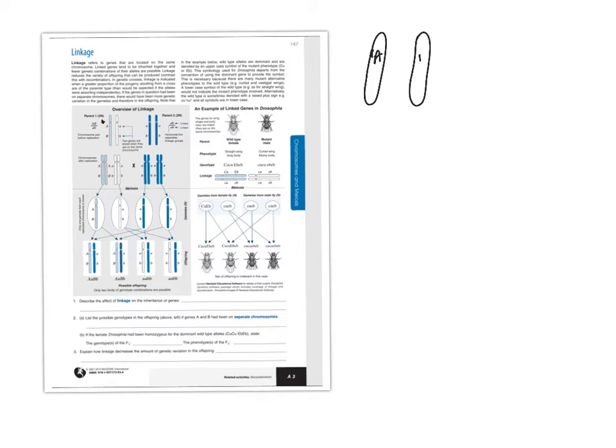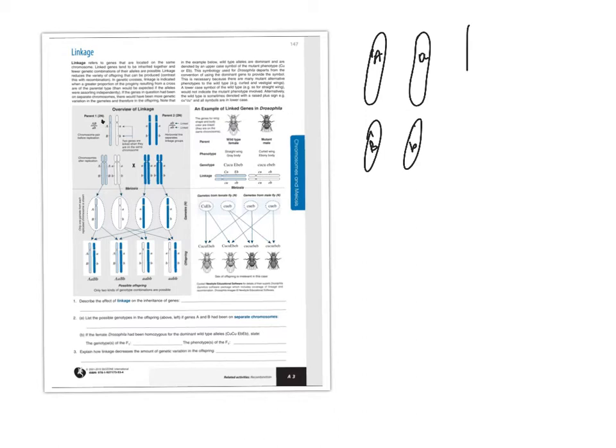They're heterozygous for that trait. But on a separate chromosome, they have big B, and they have another chromosome, little b.